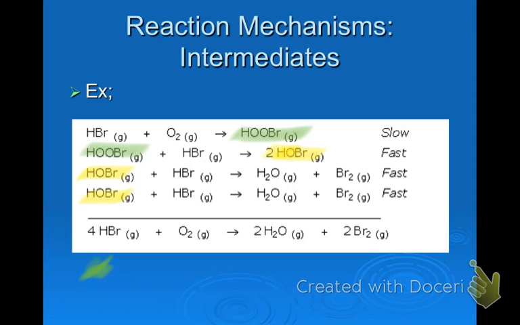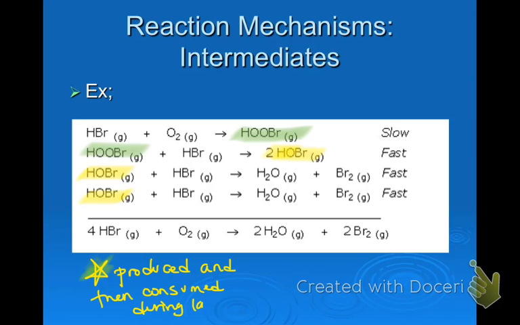An intermediate is something that is produced and then consumed during later elementary steps. So it's like it was never there.